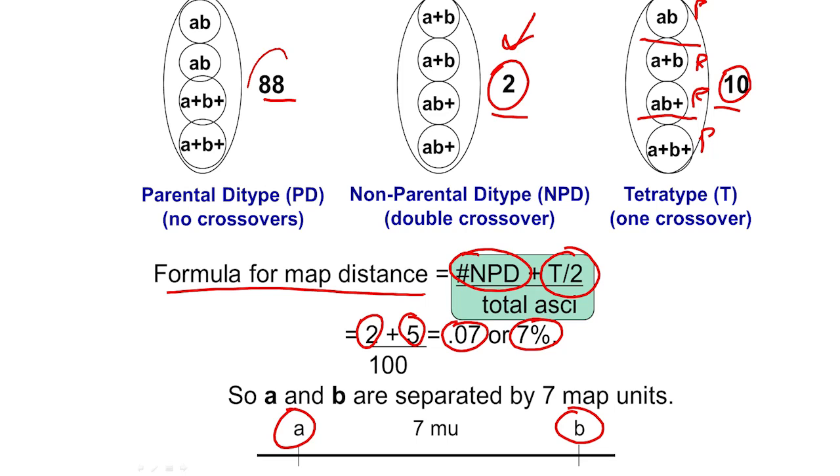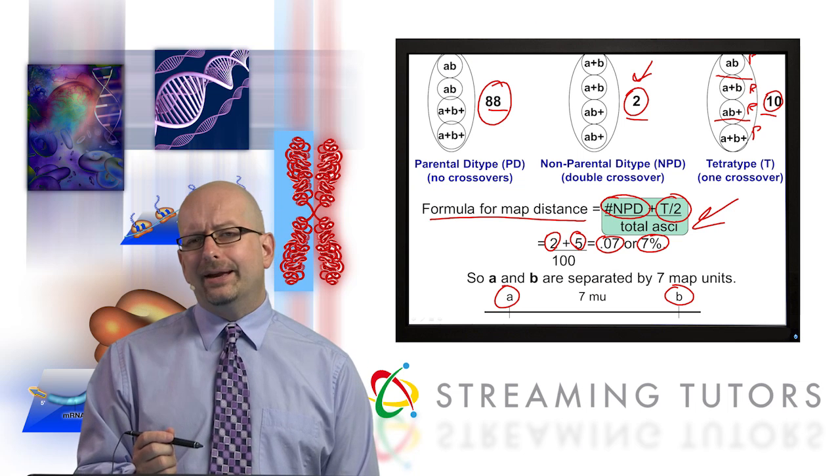And the parentals, right? No crossing over happened there. Remember when we did it with the flies, all we did was say we want the number of recombinants over the total. So we didn't actually count parentals per se. We counted recombinants and divided by the total. So that's one way to do it. With unordered or ordered tetrads, you identify parental ditypes, NPDs, and tetratypes, and use this formula right here. Okay? I think it's not so bad.